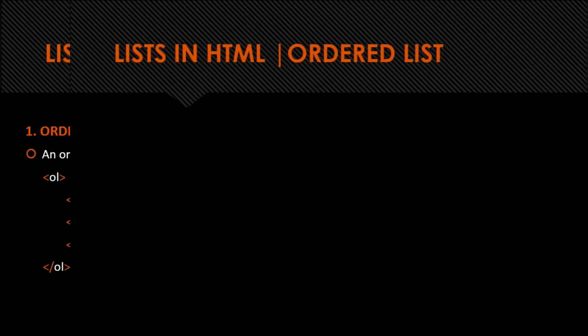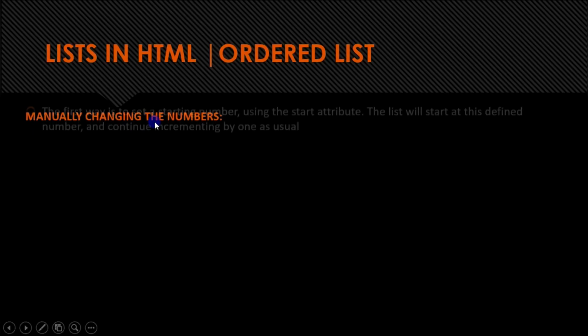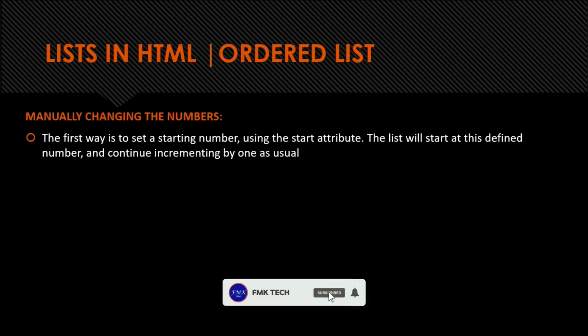Second, many people ask this question: how can we manually change the numbers? So the first way is to set the starting number. You can set a starting number for your list using the start attribute. The list will start at this defined number and continue incrementing by 1 as usual.